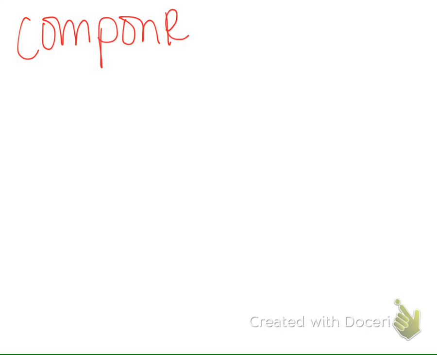Okay? So a component, we're going to start breaking these down into components, and these are either the horizontal or vertical portion of a vector.